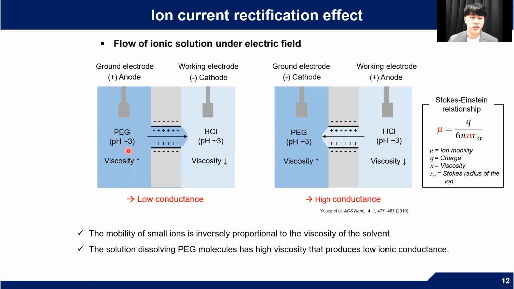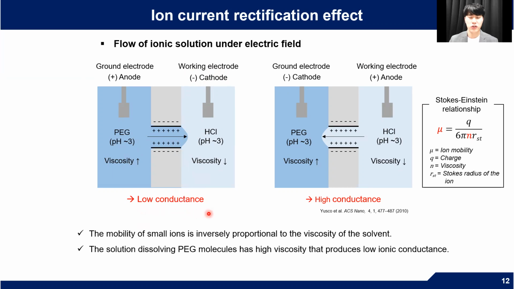When the PEG is dissolved in the solvent, it increases the viscosity of the solution and decreases the ion mobility. So here, when the working electrode is the cathode, the highly viscous PEG is moved toward the cathode, filling the CNT channel by the electroosmotic flow.